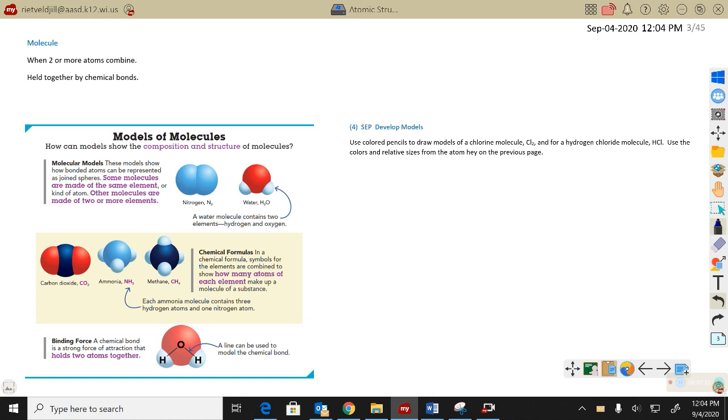When they have the same element, an example might be like nitrogen, like this nitrogen, two atoms, same element, it's a molecule. More specifically, you might see the term diatomic molecule.